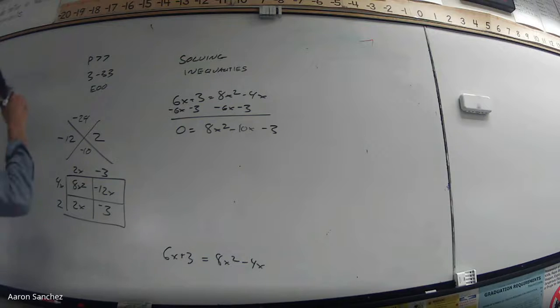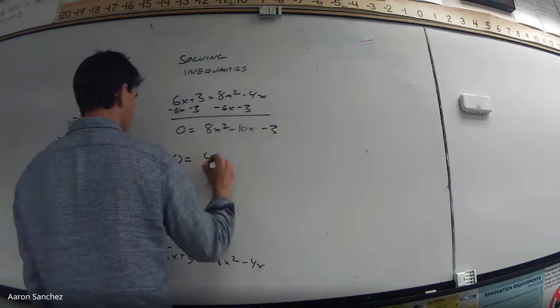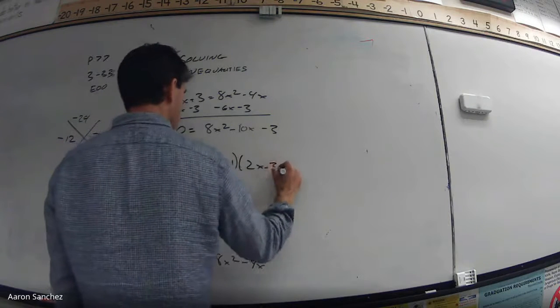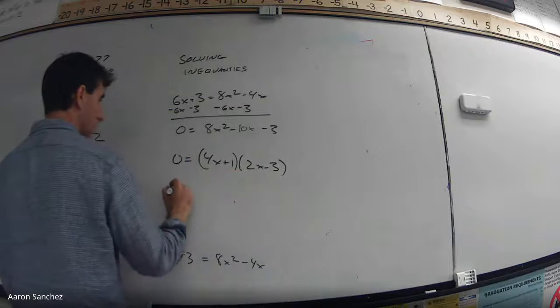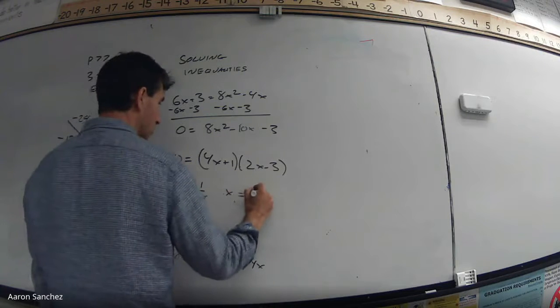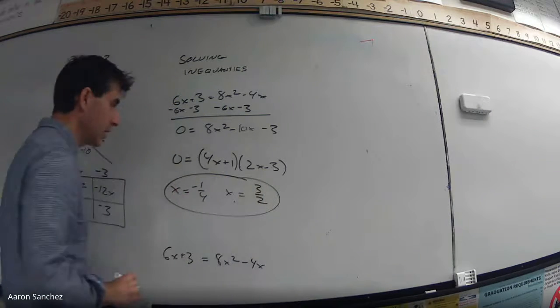What did I do wrong? 4x, 2x. Oh, no, this should be a 1, because 1 times 2 is 2x. And there we go. So this is 0 equals 4x plus 1 times 2x minus 3. And we solve it. This is going to be x equals negative 1/4, and x equals positive 3 over 2. And that's all you've got to do.